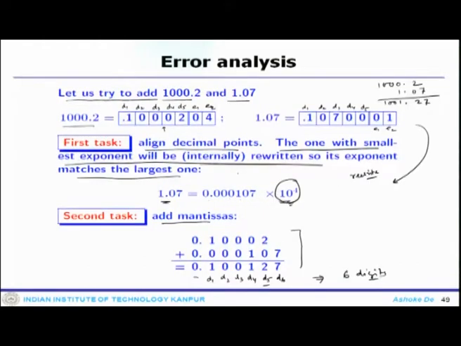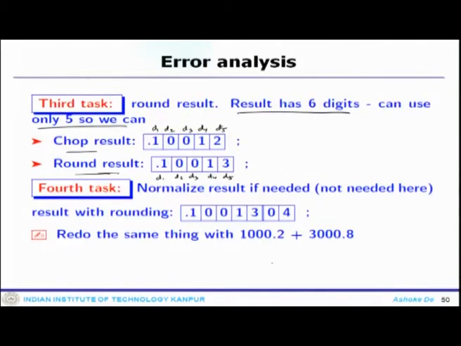If you look at digits 1, 2, 3, 4, the fifth one is rounded off because the last, sixth digit is greater than 5. So, it is rounded up. This is the rounded result.